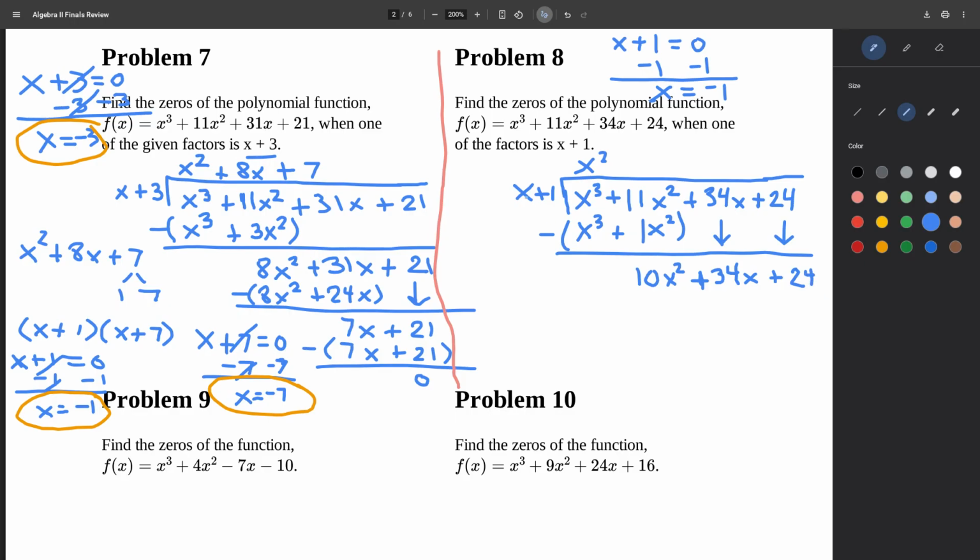Okay, to get 10x squared, we'd have to multiply x by 10x, so plus 10x. 10x times x is 10x squared. 10x times 1 is 10x. So 34x minus 10x is 24x, plus 24.